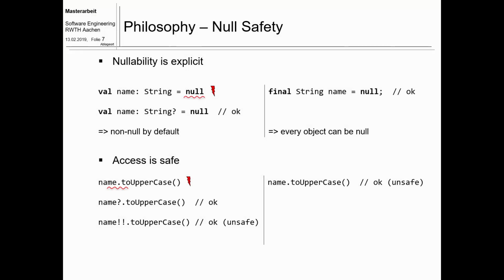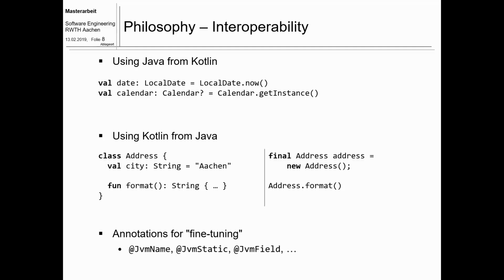We've now covered null safety, so now let's take a look at interoperability, again focusing just on Java and the JVM in this talk. So first of all, what interoperability basically means is you can use Java from Kotlin, so you can use any of the Java standard library or other external Java library classes in your Kotlin code.